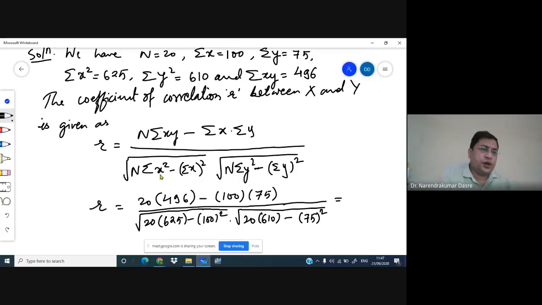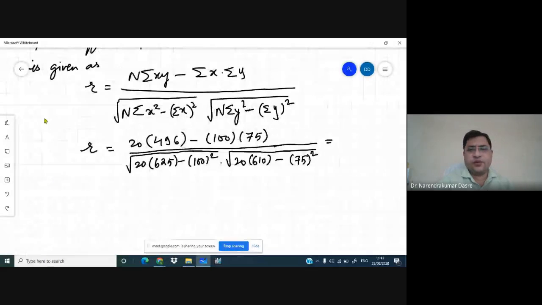Okay, so this is the value of r. So you please calculate and then tell me what value of r you are getting.